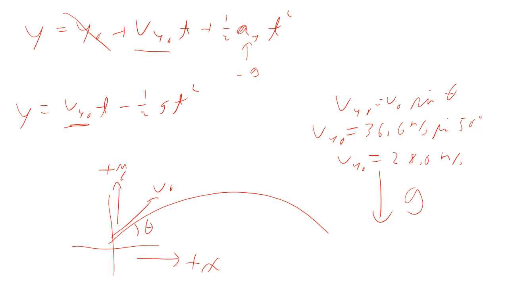So we know this, we know 1/2, we know g. Well, wait, we also know y. Y is the height at which it's caught. So that means the only thing we don't know here is going to be t. So we can rewrite the equation as 1/2 gt squared minus vy naught t plus y equals 0.